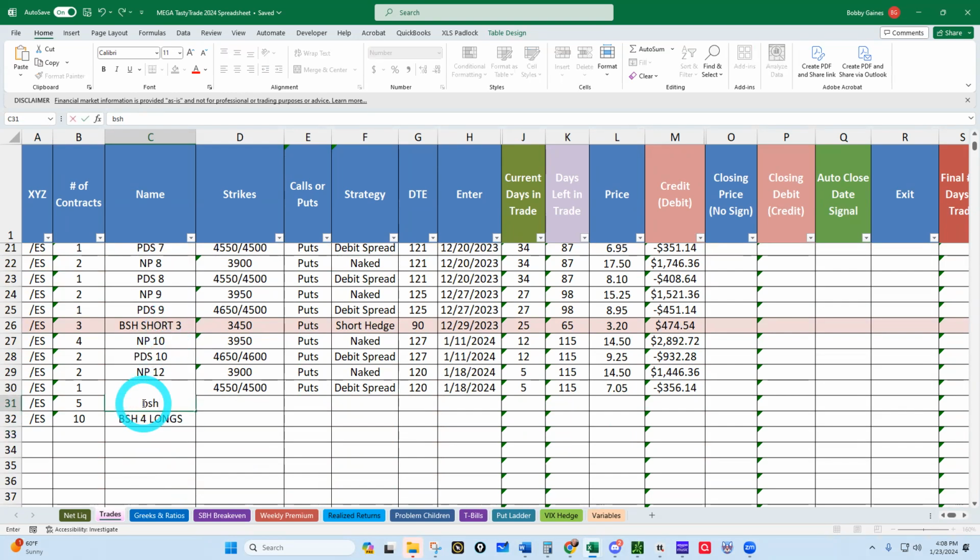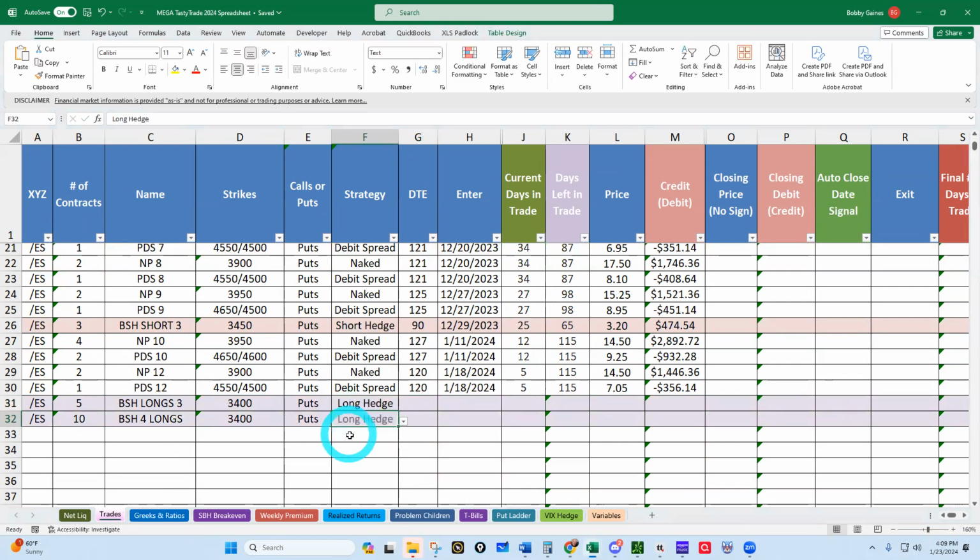BSH longs 3. And we said it's 3,400 on both of them. So we did puts, and then it's a long hedge, and then a long hedge. Good. So then we said it was at 65 days out.